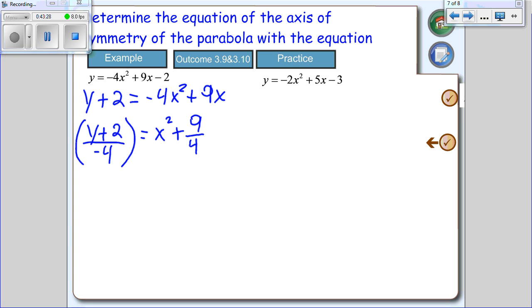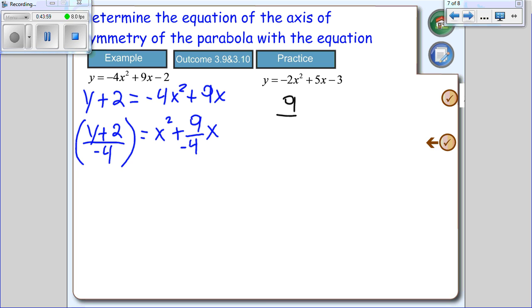Now I'm going to add my missing C value, which I'm going to take my time with because it's a hard one. Your C value is B divided by 2 squared. Your B value is 9 over 4, so it's 9 over 4 divided by 2.